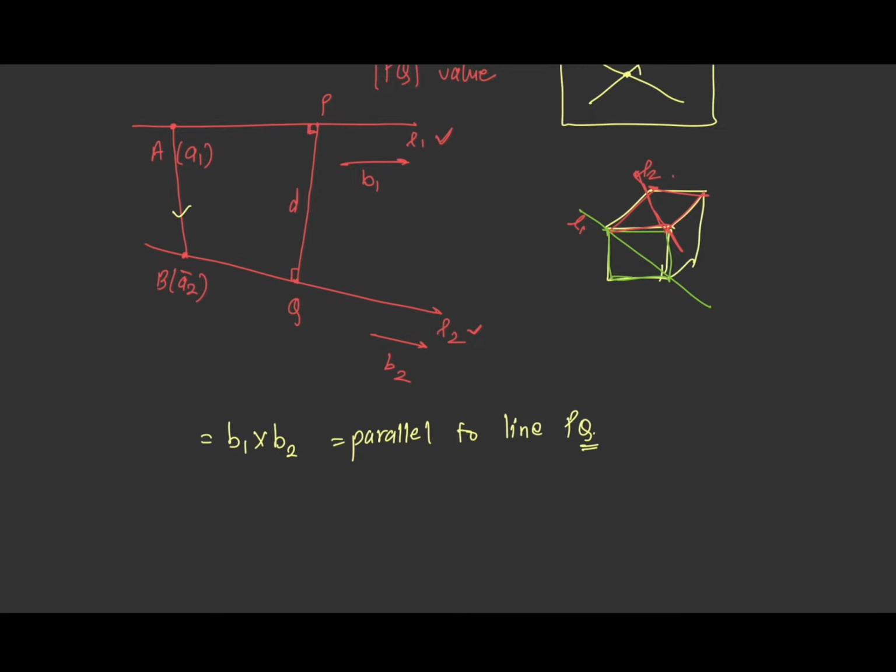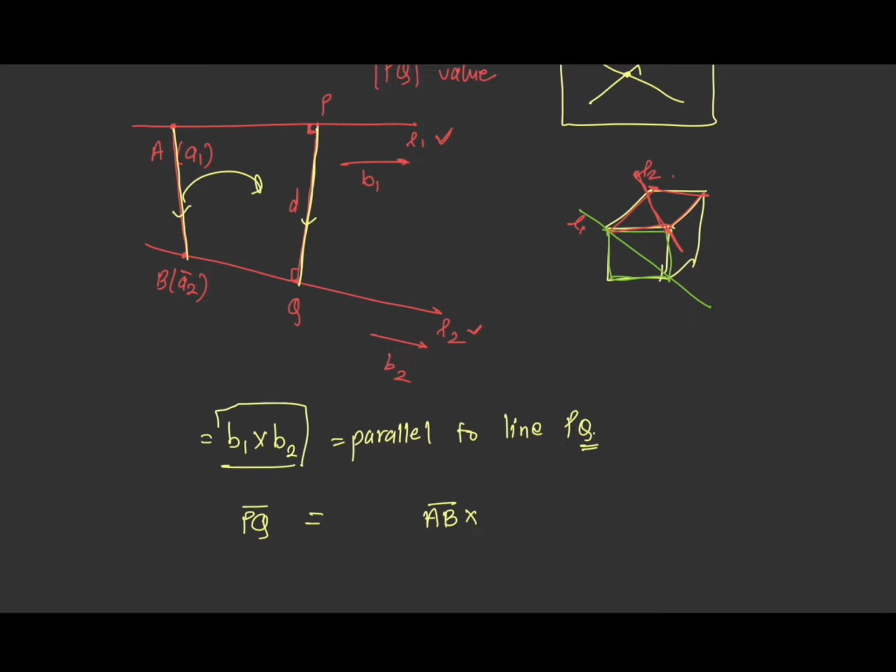Now about AB and PQ, we see that PQ is just a projection of AB. To find a projection, let's suppose PQ is a vector, the projection of AB. We need the magnitude of AB and the direction of PQ.